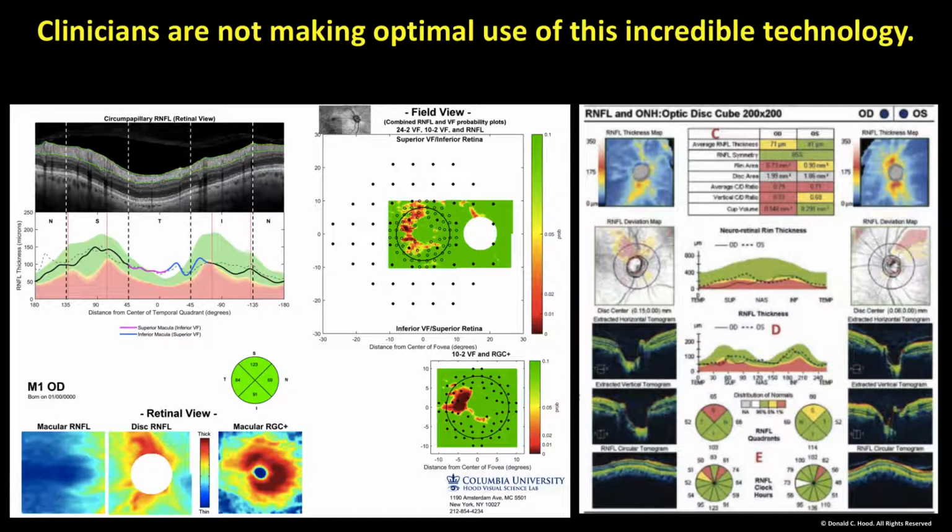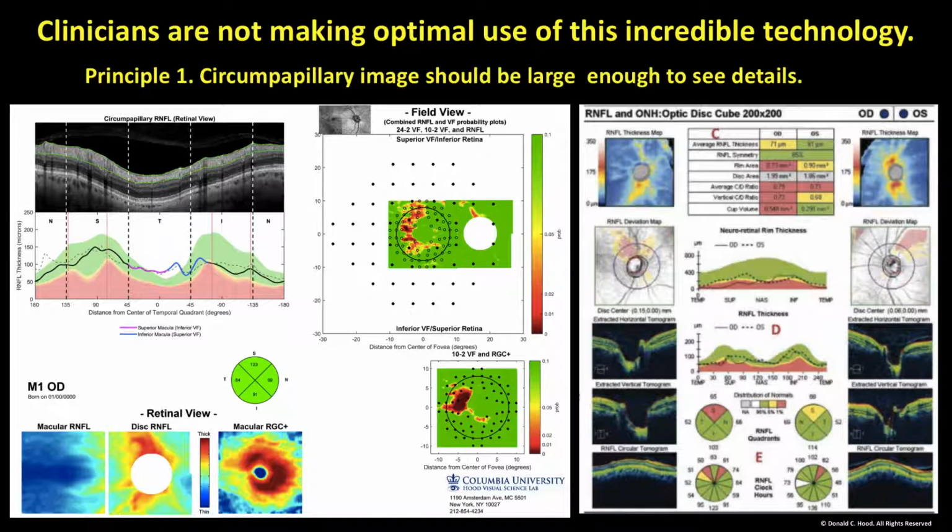So, in short, clinicians are not making optimal use of this incredible technology. And again, going back to the principles behind our report, we had a circumpapillary image here that was large enough so you could see details, whereas typically in these reports, it's either missing or so small as to be useless.